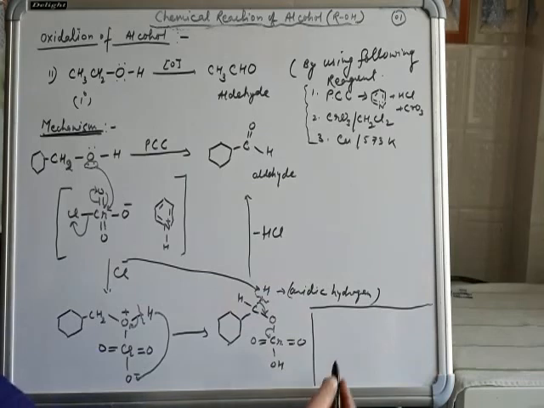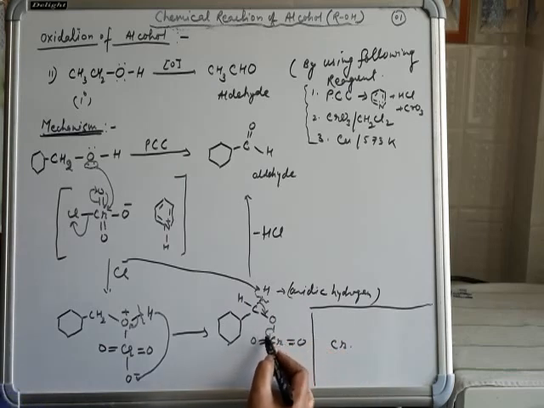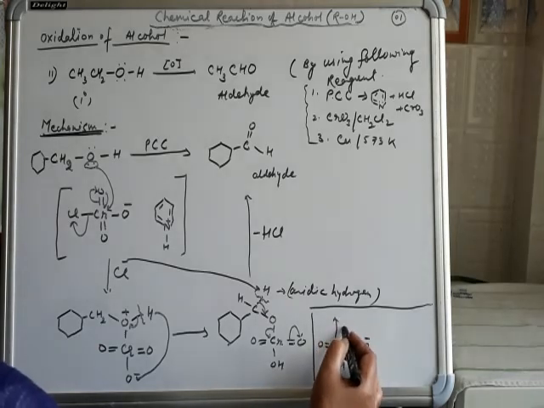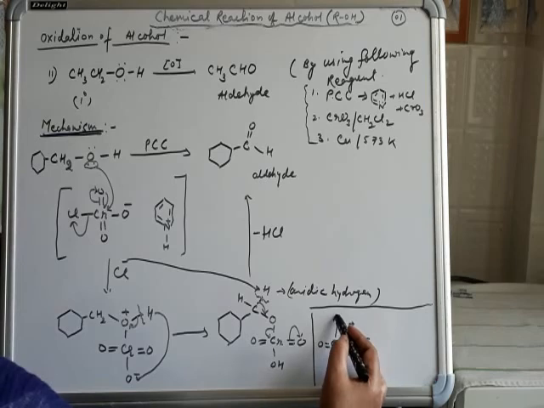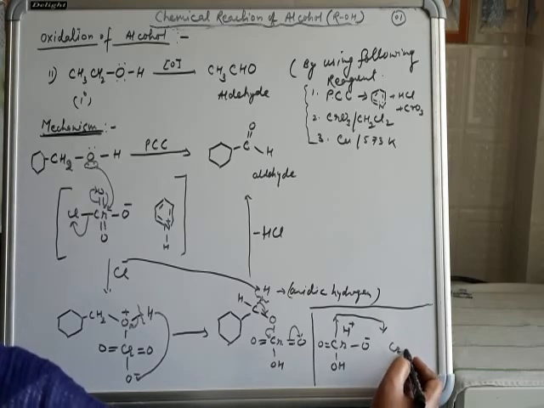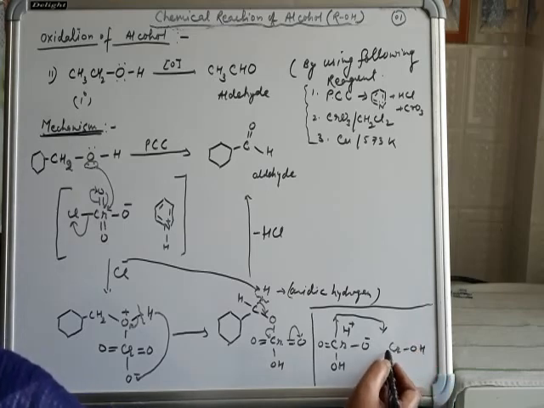This compound, when this bond shifts towards the chromium, the pi electron shifts towards the oxygen. So this compound exists in this form, and when it accepts H plus, it becomes like this.